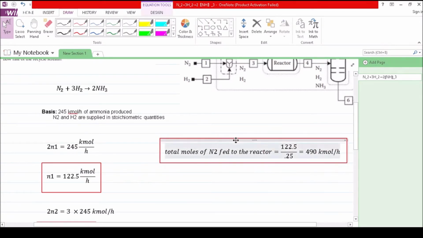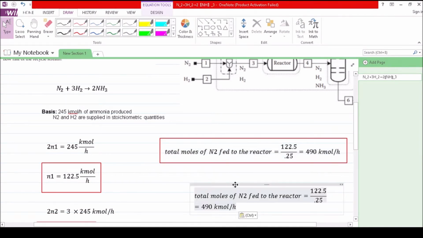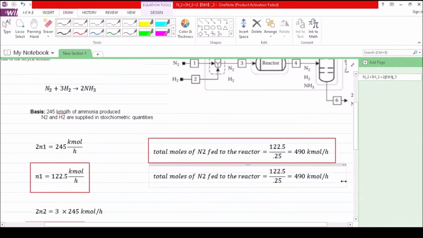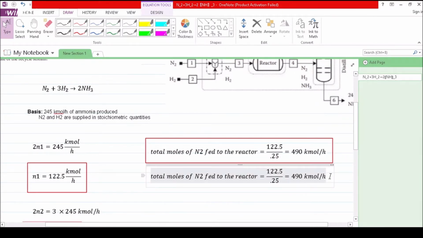From this, we can also solve for the unreacted moles of nitrogen that leaves the reactor.